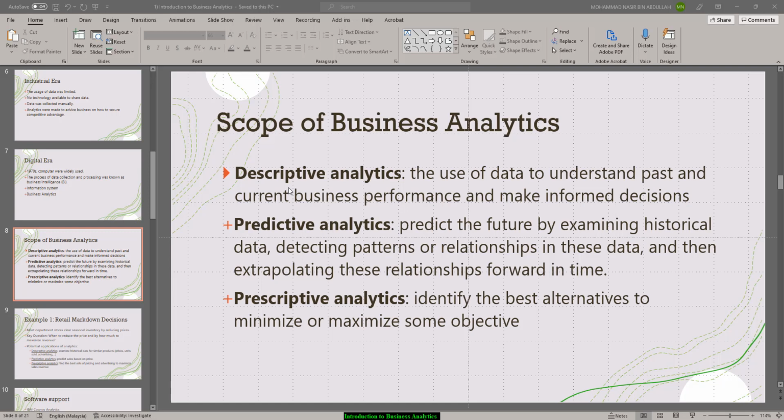So for predictive analytics, it is to predict the future, right? As I said before, predict the future based on examining the historical data. We are based on historical data, and we're going to detect the pattern and relationship in this data, right?